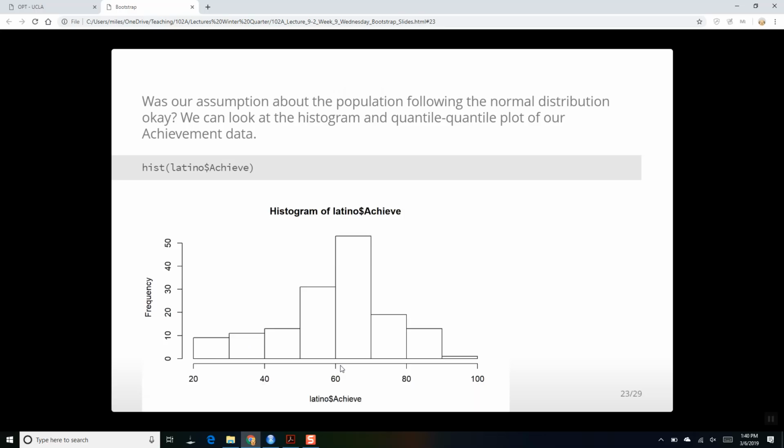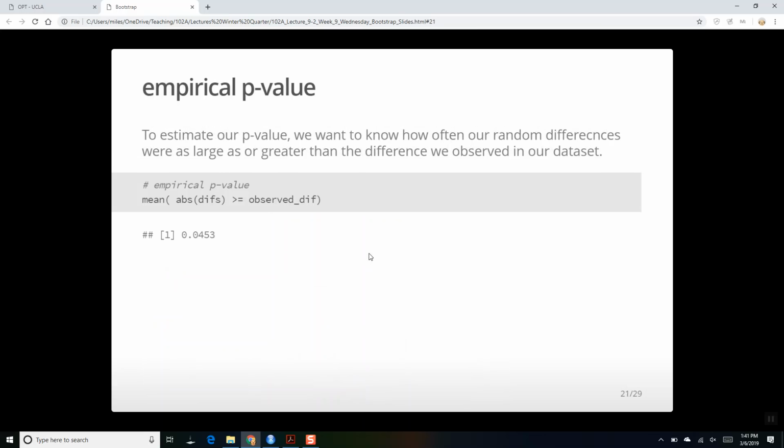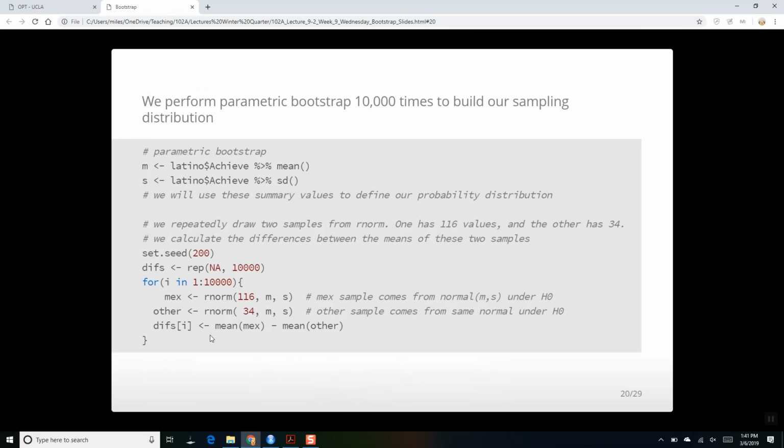It's hard to say. If it was a bad assumption to assume that the population was normal, then doing this parametric bootstrap is not a good idea. If you feel comfortable with that assumption, then you can go ahead and do this.